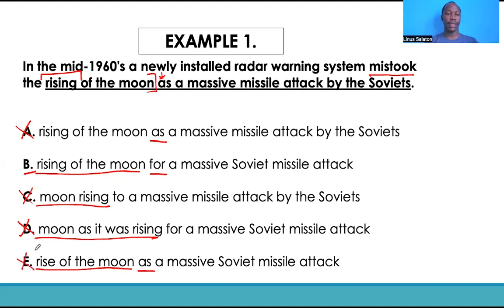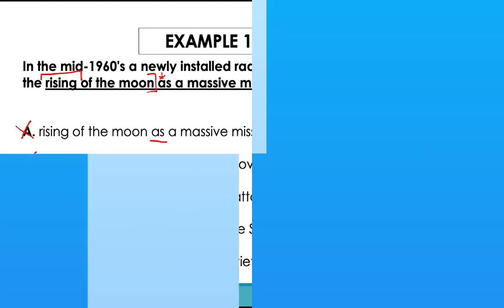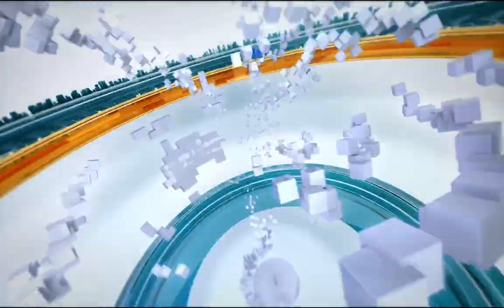So eliminate E. The correct answer for this question is B, which says mistook the rising of the moon for a massive Soviet missile attack. Okay. So I hope from this example you're able to tell how the gerund is used in noun phrases, and how when not used in noun phrases it could alter the meaning altogether. Hope that's clear.